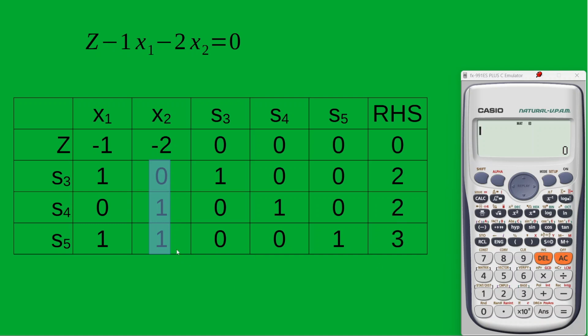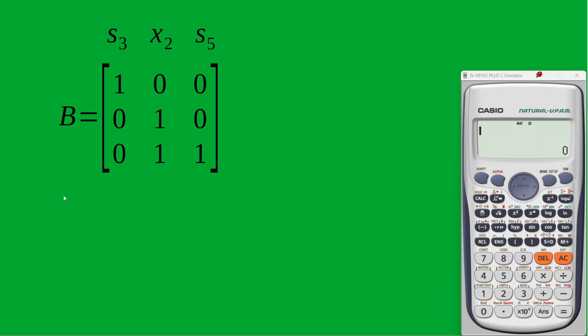And 3 divided by 1, that makes it 3. After this division, we find the least ratio. The least ratio, of course, is 2 divided by 1. So S4 will be the leaving basic variable. So the entering basic variable is x2 and the leaving basic variable is S4.